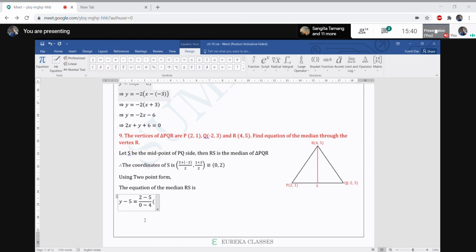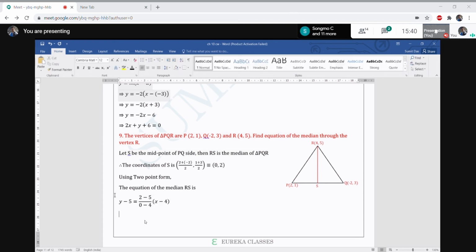Then inside the bracket x minus x1, x minus 4. So if you simplify this one, it will be y minus 5 equal to minus 3 divided by minus 4 into x minus 4.